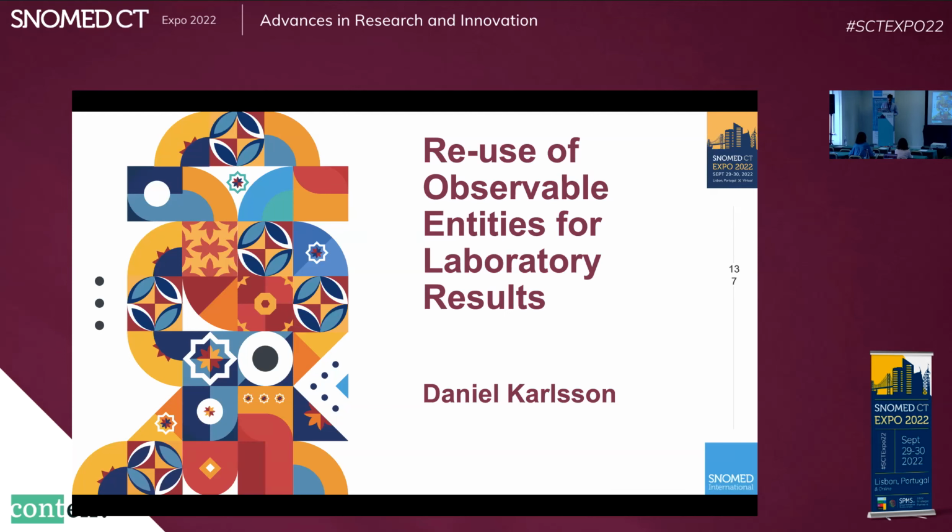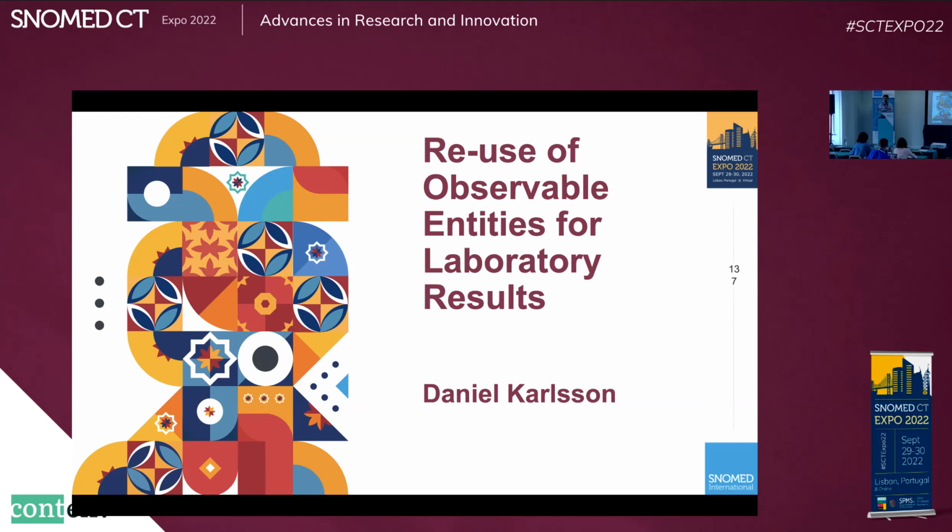So I'm Daniel Karlsson. I work at the National Board of Health in Sweden, which is the Swedish National Release Center. I've been working with the Observables project for a while now. I'm the current chair of the project group, and I will start by presenting an overview of the Observables model, so that it would be at least slightly easier to get into the examples that we will see later on.